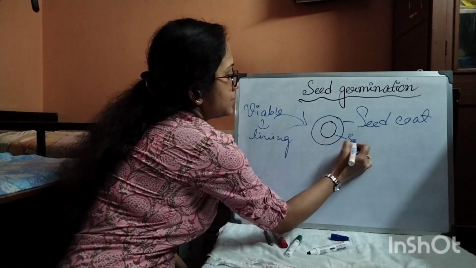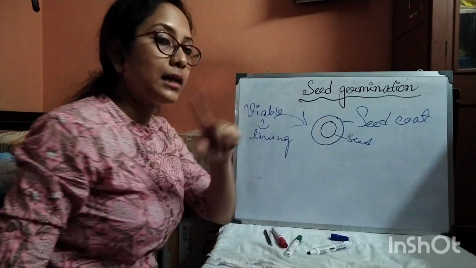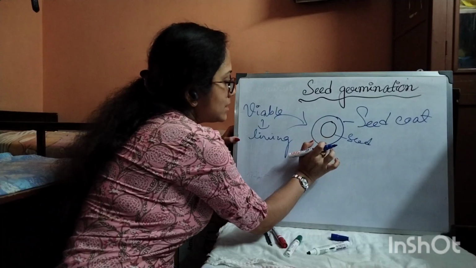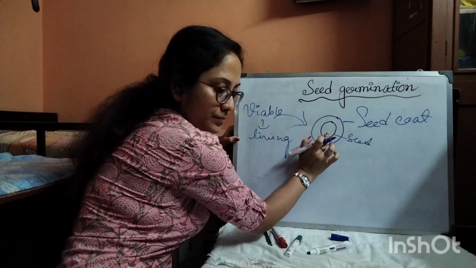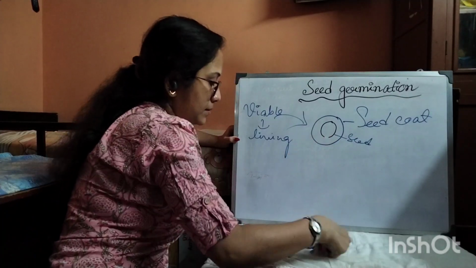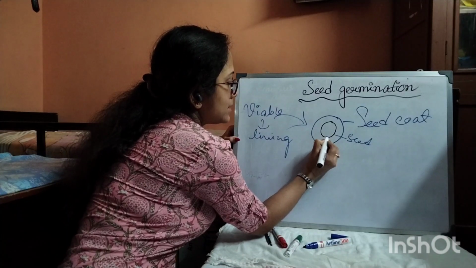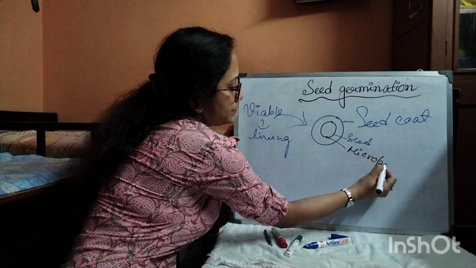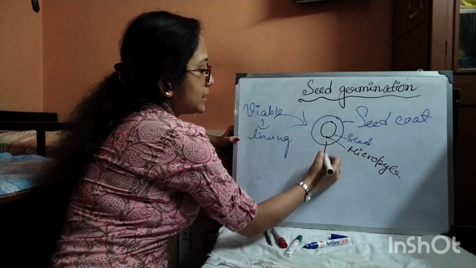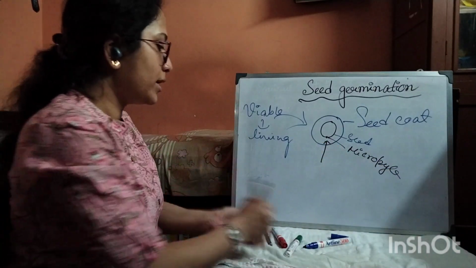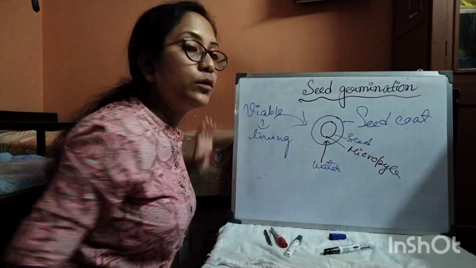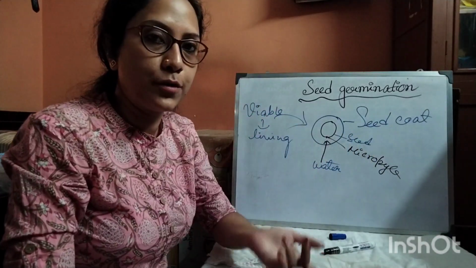This is the seed portion, and the outer portion, the covering outside the seed, is termed as seed coat. And just here a pore is present which is named as micropyle. From that particular micropyle, water will get entry into the seed from the outside environment.